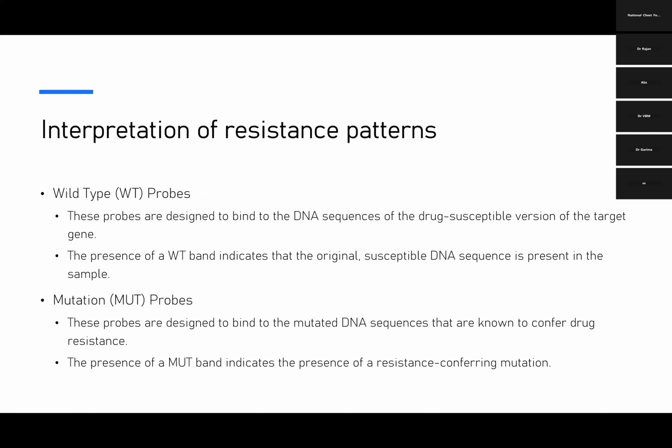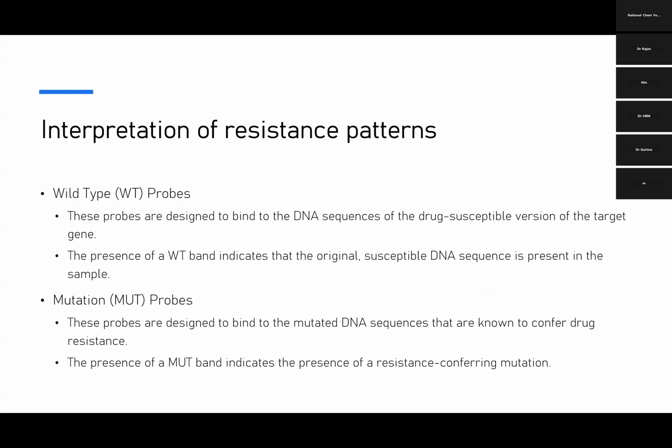Now, how do you interpret the resistance pattern? There are two types of probes: the wild type probes, the WT probes, and the mutation probes, the MUT probes. Wild type probes are designed to bind to the DNA sequences of the drug susceptible version of the target. So if the WT band is present, it indicates that the susceptible DNA sequence is present in the sample, which means that the sample is sensitive to that drug.